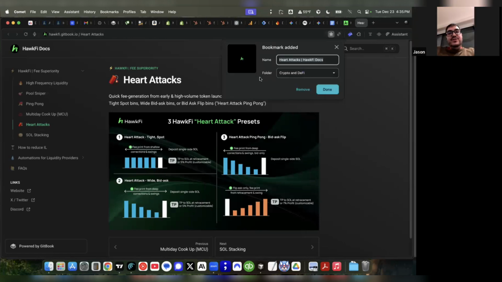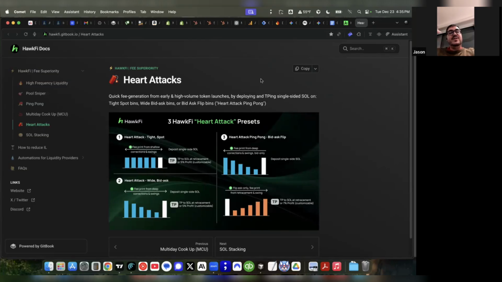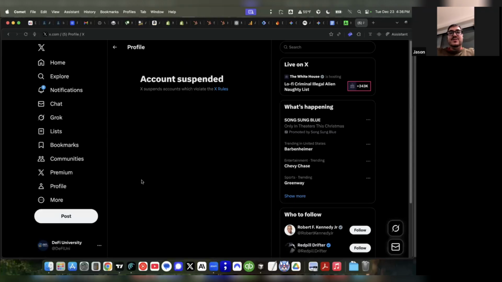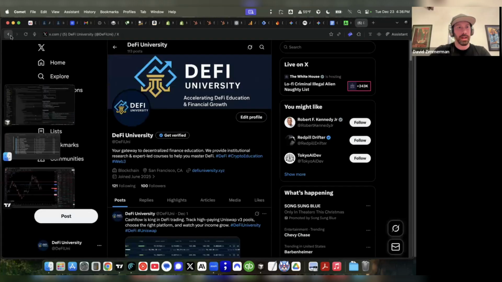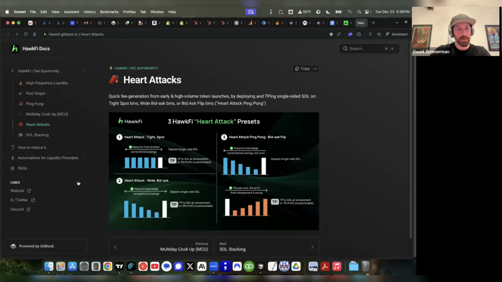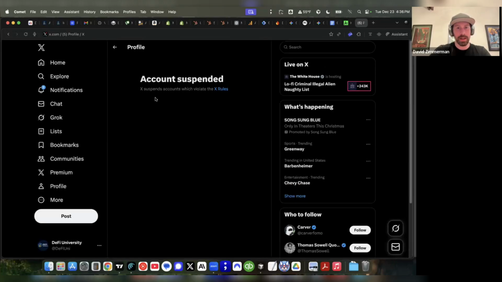These Twitter accounts are part of something Justin mentioned, the Meteora LP army. They're associated with these guys, and that's not promising. I was just trying to get to their X page, and it looks like their account's suspended.